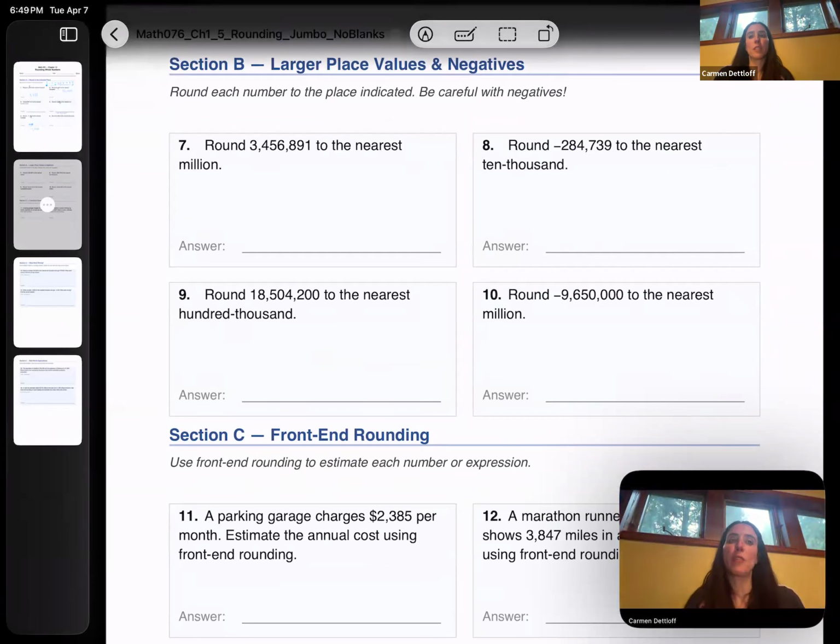Okay, so we probably felt really good about ones, tens, hundreds, thousand place, but now let's talk about our bigger number places. So here, these ones say like round to the nearest 100,000, 1,000, million. Let's talk about our places. This one right here, that's our ones place, tens place, hundreds place, 1,000 place, 10,000 place, 100,000 place, and our millionth place.